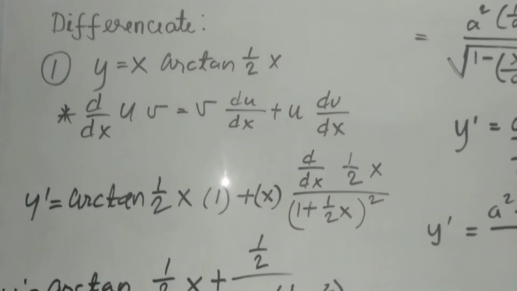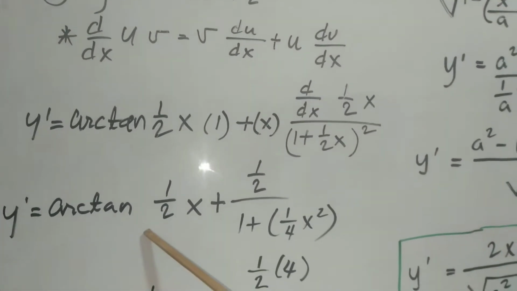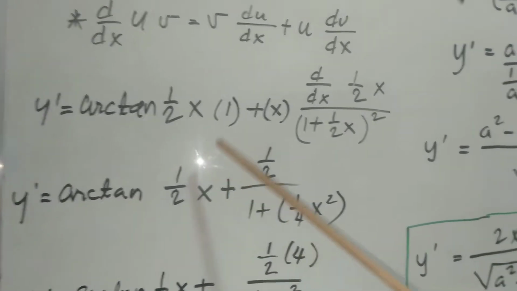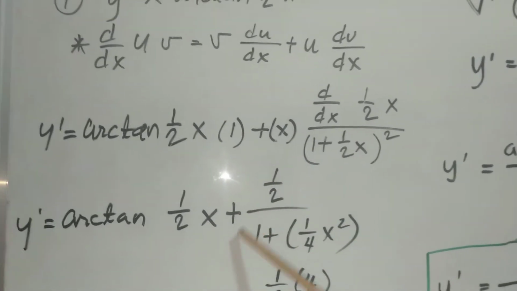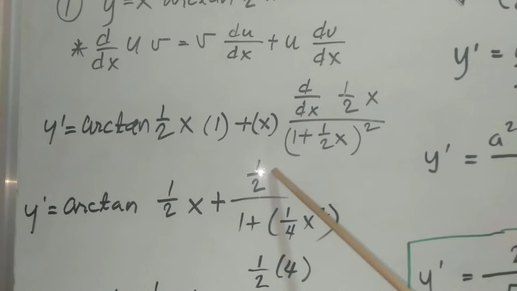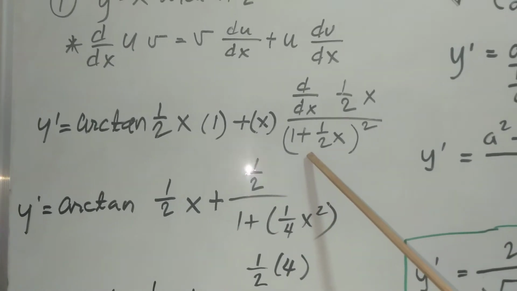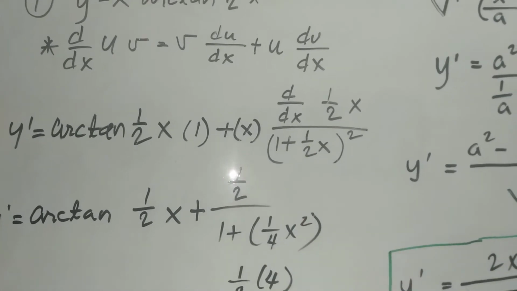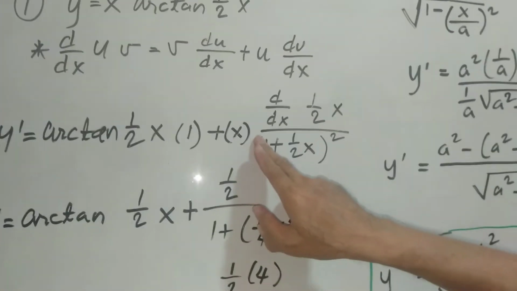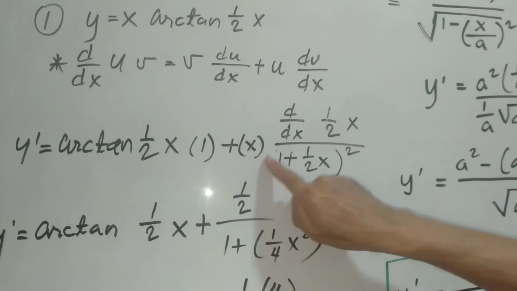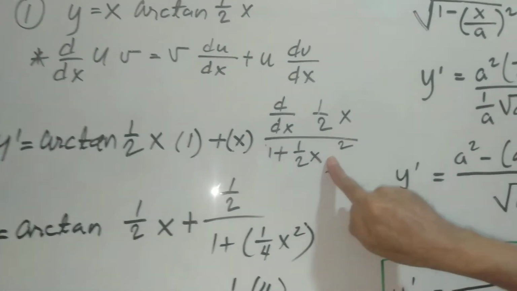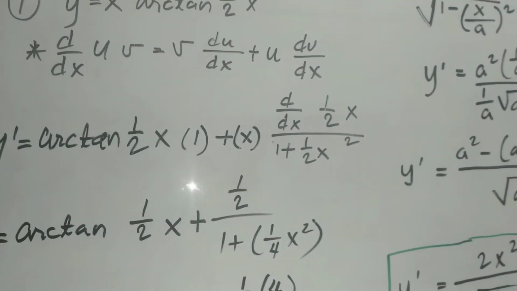So to continue, we have here arctangent 1/2 x. This one here, we disregard that. Plus 1/2 over 1, the derivative of 1/2 x.